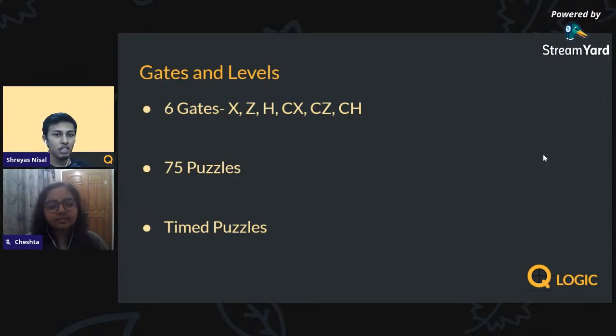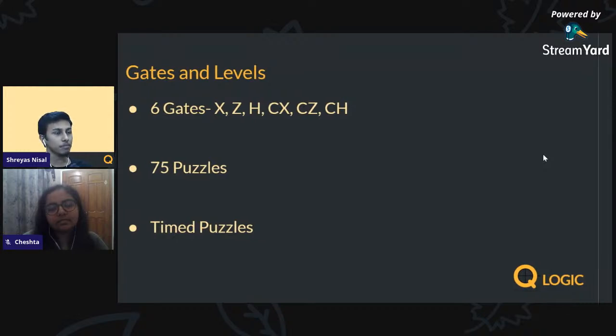So for the timed puzzles, you need to complete the level in some amount of time, let's say 60 seconds. You would have to complete it within 60 seconds. And the stars are also based on how much time you take for it. So if you complete a level within 15 seconds, then you would get a higher score for the level than if you complete it within, let's say, 45 seconds. So there are timed puzzles as well.